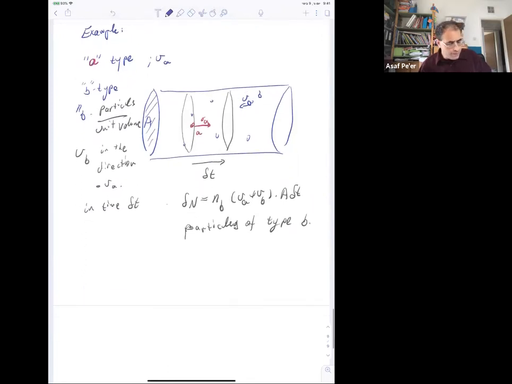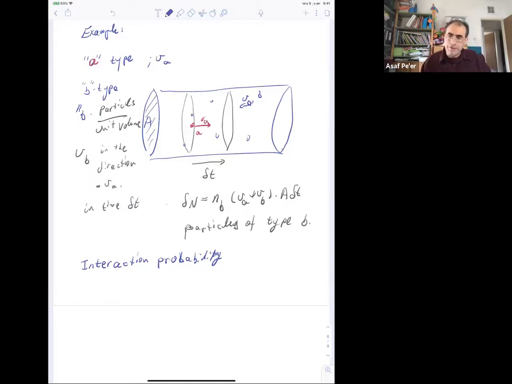So the interaction probability. By the way, is the cartoon clear to everybody? I don't foresee any major difficulty, but I just want to make sure it's on the safe side. Is it clear what is being drawn here? We have a tube of area A. There are particles and the A type, the red particle, is moving inward.